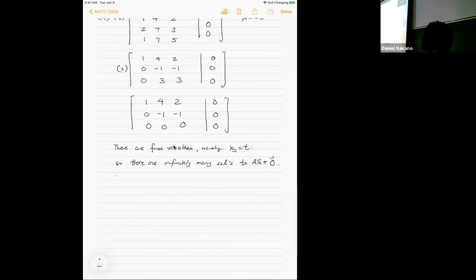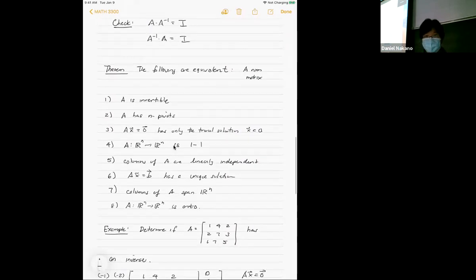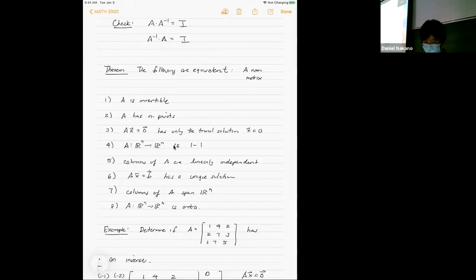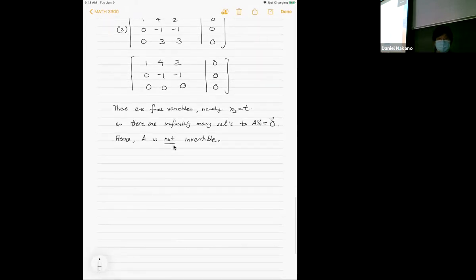So hence, A is not invertible. Does everyone see the logic behind this? So you can use various methods to check whether a matrix is invertible or not, and one of the methods you can use is Gaussian elimination.